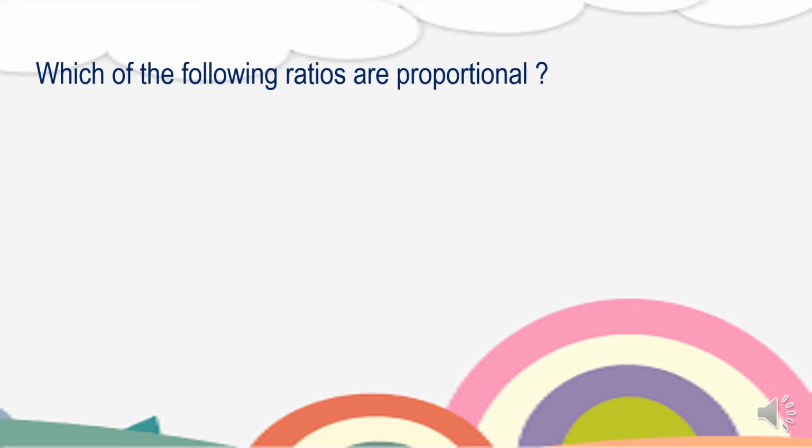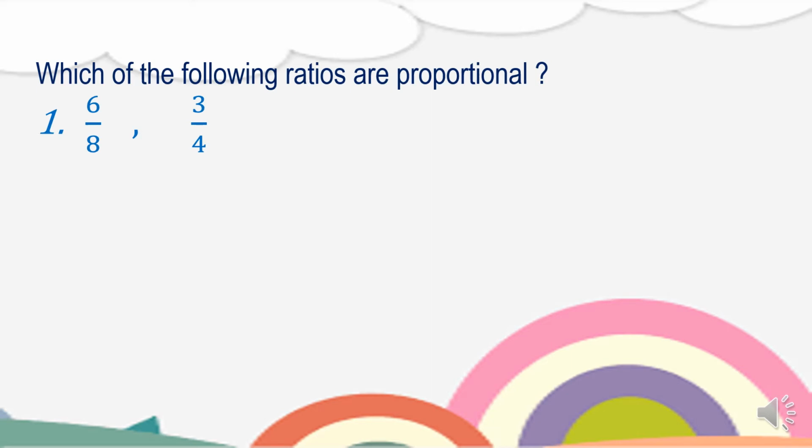Which of the following ratios are proportional? Number 1: 6 over 8 and 3 over 4. I need to know whether these two ratios are a proportion or not. When the product of extremes equals the product of means, I have a proportion.